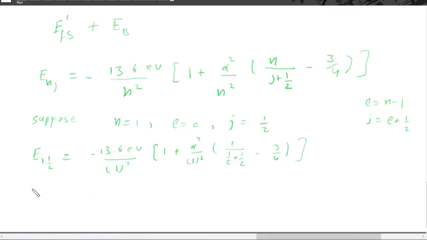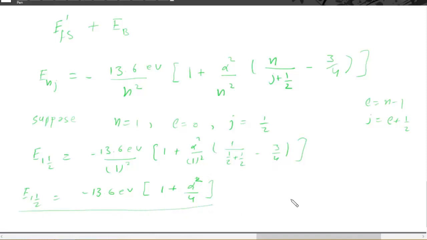Then when we simplify this, we get E1,1/2 is equal to minus 13.6 electron volt times 1 plus alpha squared divided by 4. Okay, this is 1, and 1 minus 3 divided by 4 is 4 minus 3 divided by 4, which is 1 over 4. Then alpha squared divided by 4.